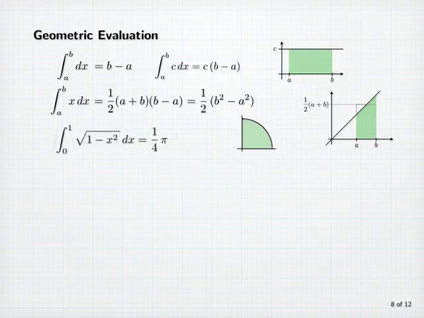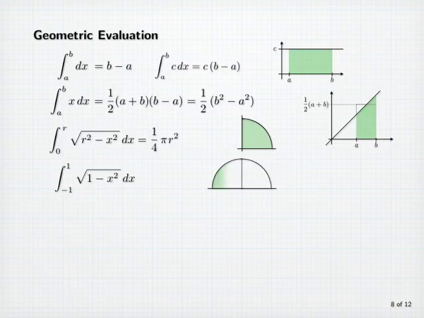More generally, if we have the integral from 0 to r of the square root of r squared minus x squared, then we're dealing with a quarter circle with radius r, and so the integral is 1/4 of pi r squared. The integral from minus 1 to 1 of the square root of 1 minus x squared dx is the area underneath the top half of the unit circle, which will be 1/2 of pi. Likewise, the integral from minus r to r of the square root of r squared minus x squared will be 1/2 of pi r squared.